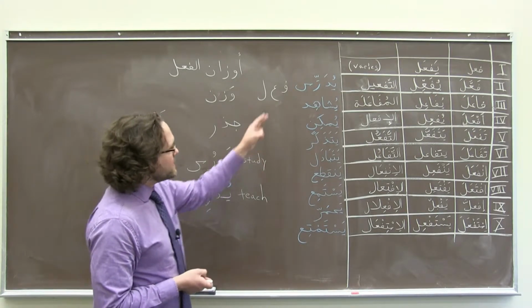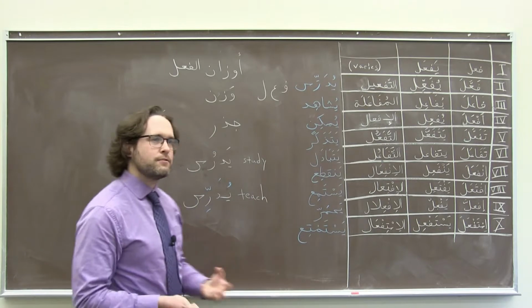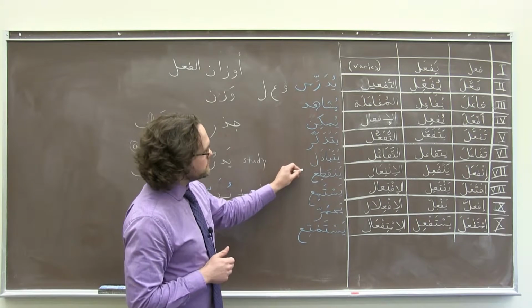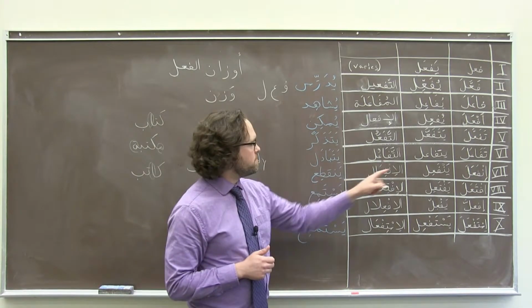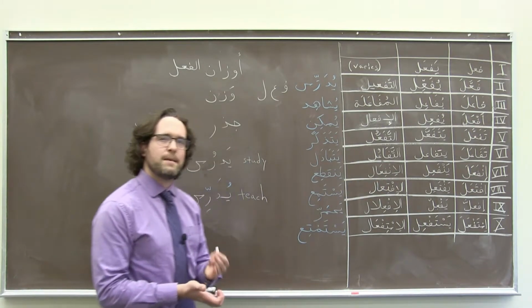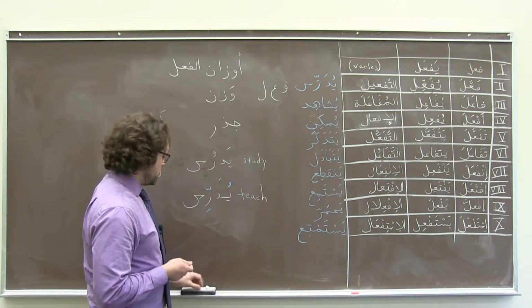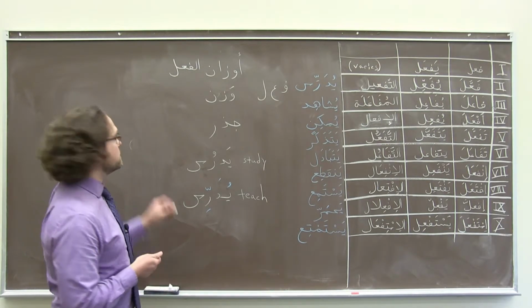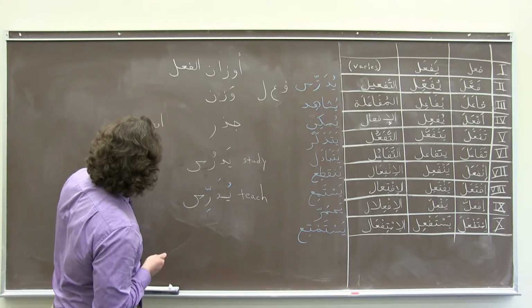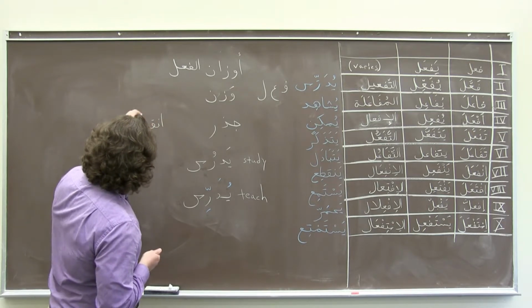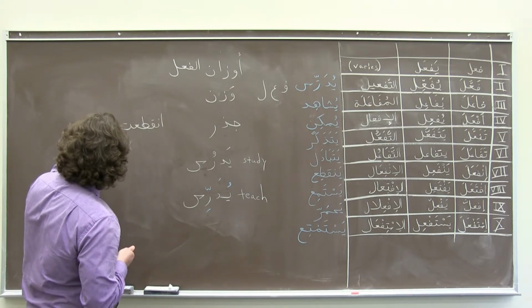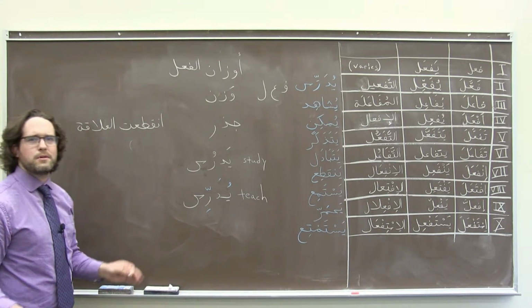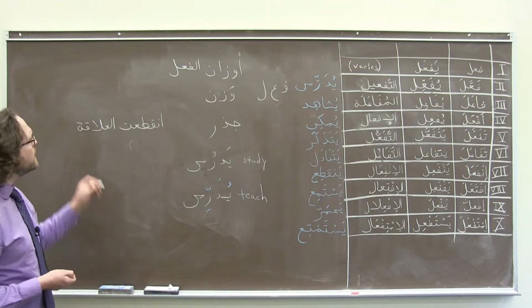The thing to realize is that all of these awzan carry slightly different shades of meaning. So this was one example that we saw. Another example is that form 7, in fa'ala, always has a passive meaning. So if we say, for example, انقطعت العلاقة, you had a habib, you had a habiba, but something happened, things went wrong. وانقطعت العلاقة.